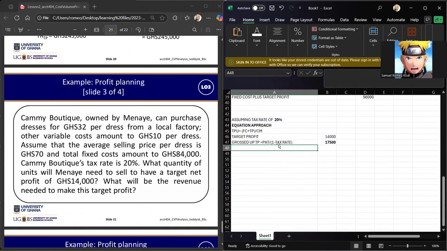So here, okay, let's do it fast anyway. Targeted profit in units is simply equals our fixed cost, which is 84,000, plus our targeted profit of 17,500, divided by our contribution margin.